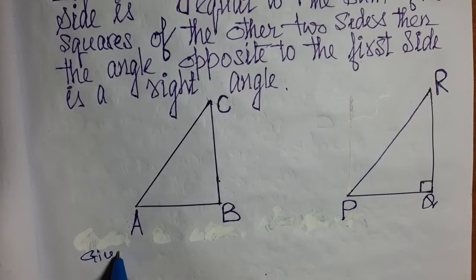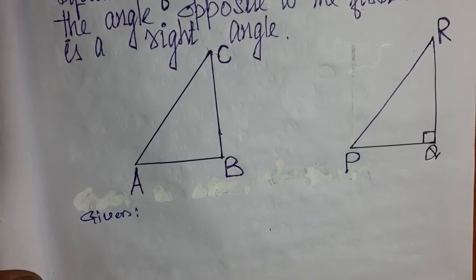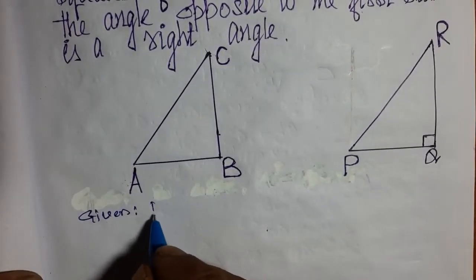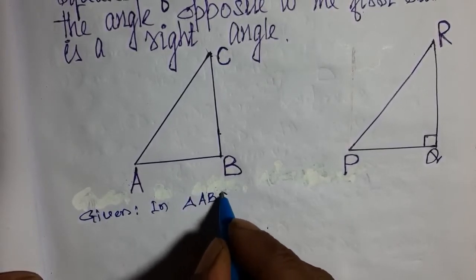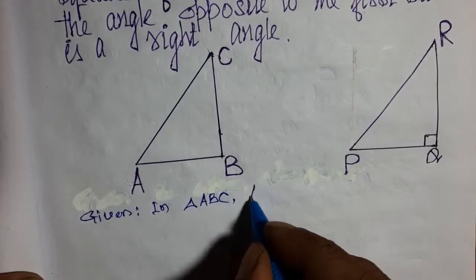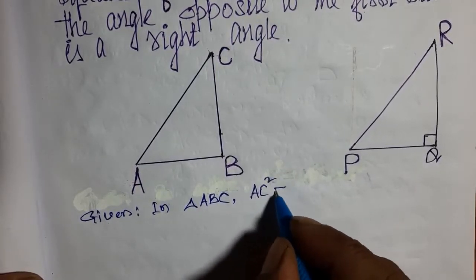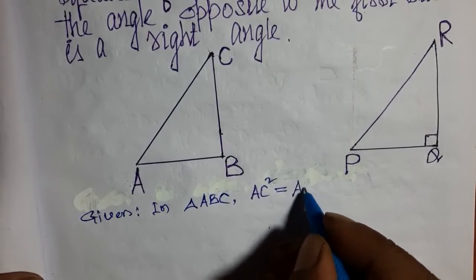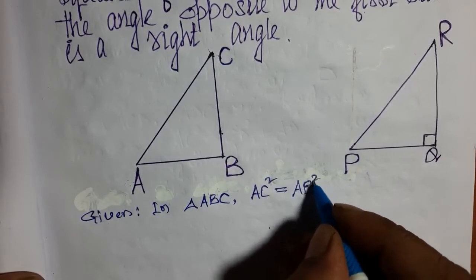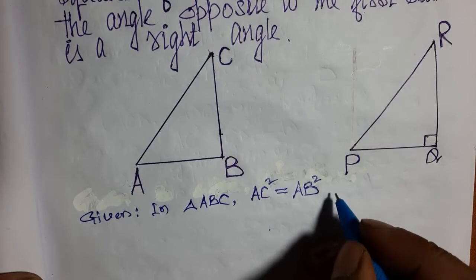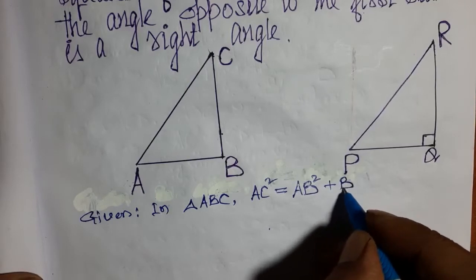Given: in triangle ABC, AC square is equal to AB square plus BC square.